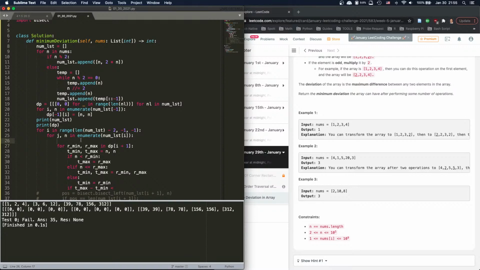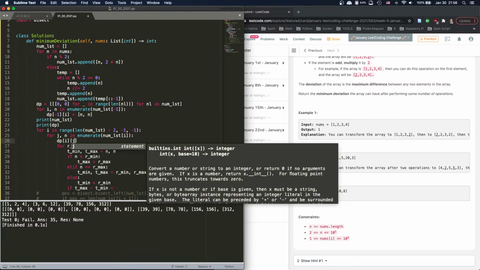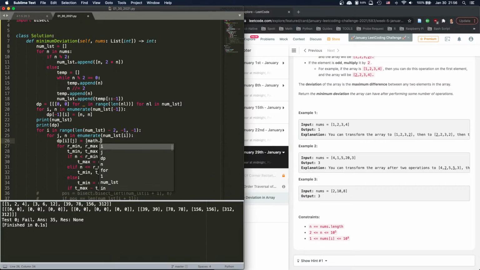We can say it's basically dp[i][j] equals this, and then it's smaller than this and equal than for this. Yeah, I can simply say here dp[i][j] equals math.inf minus math.inf.